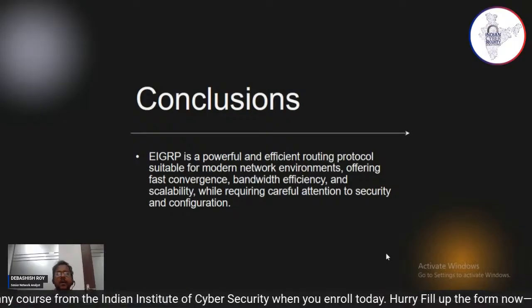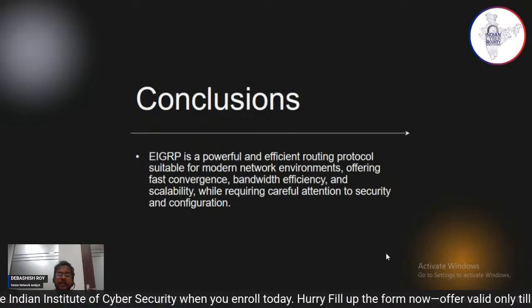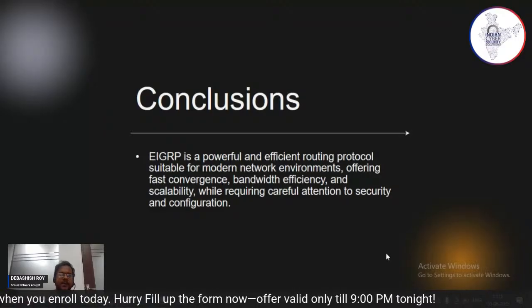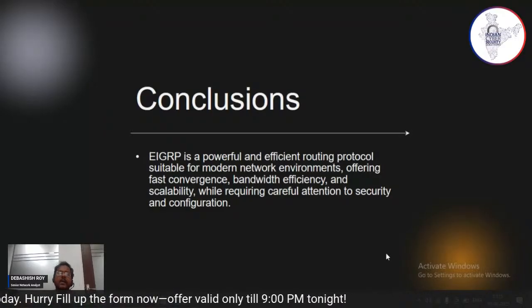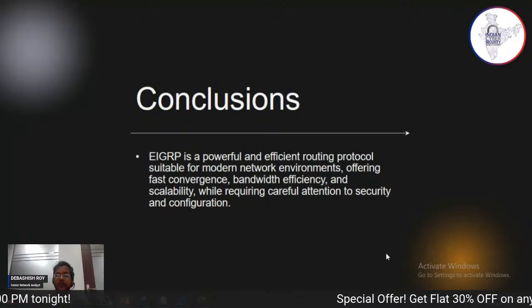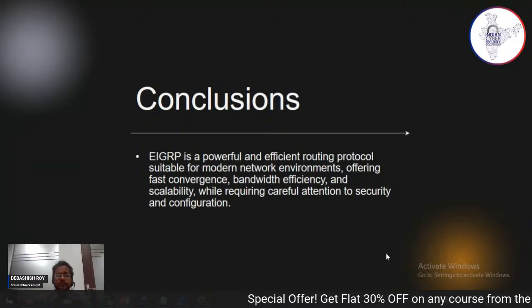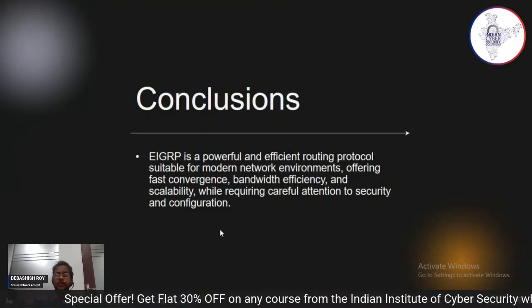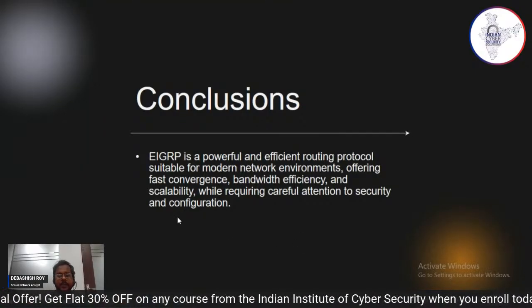It can run on Cisco routers as well as on other routers like Juniper. This is definitely an advantage of EIGRP, and this is the theoretical overview of EIGRP. You will get to know all these things in the CCNA course, and also the CCNP Enterprise.